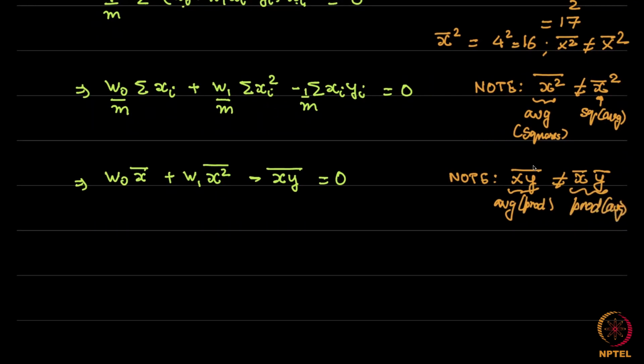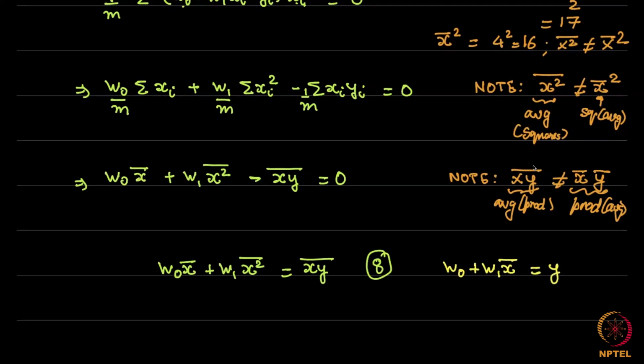These two are not the same, and we'll see this in greater detail when we come to the probability portions of this course. Okay, so we can put this together and write an equation. W0 x bar plus W1 x square bar equal to xy bar. Okay, so this we'll call equation 8. Just for your recollection, equation 7 was W0 plus W1 x bar equal to y bar.